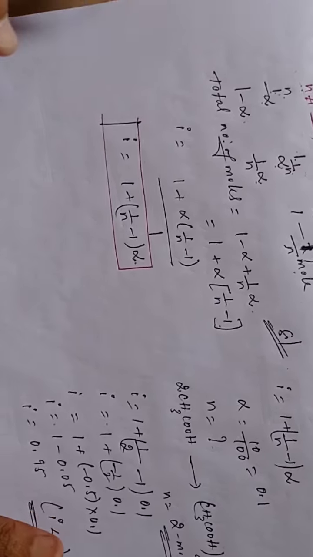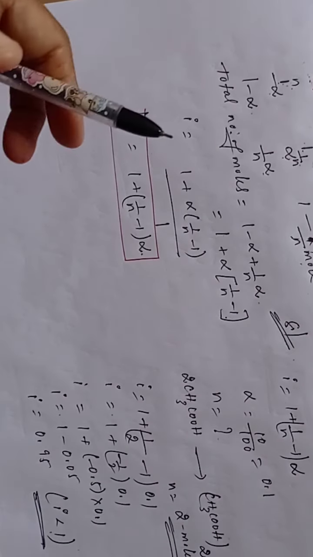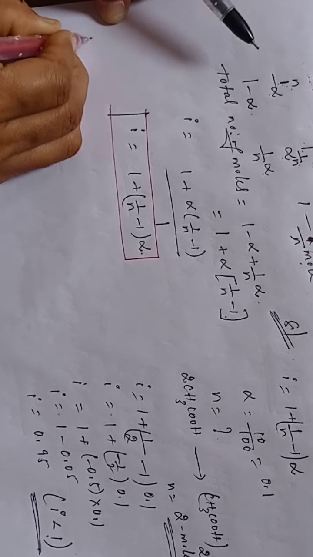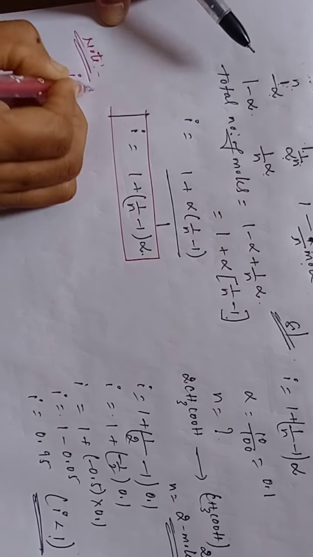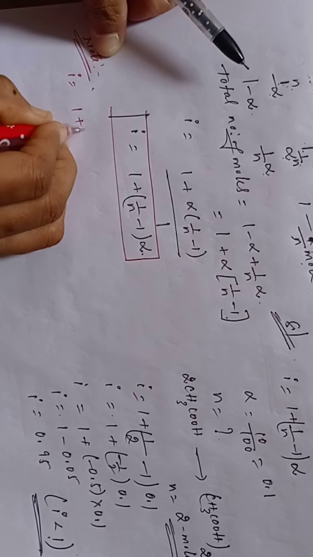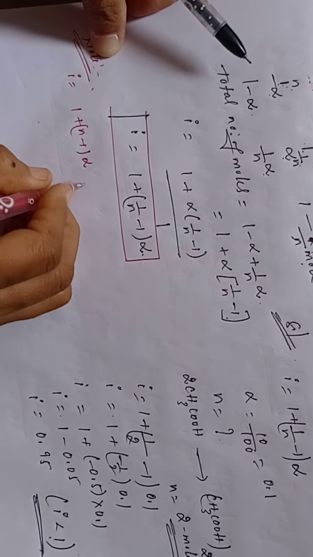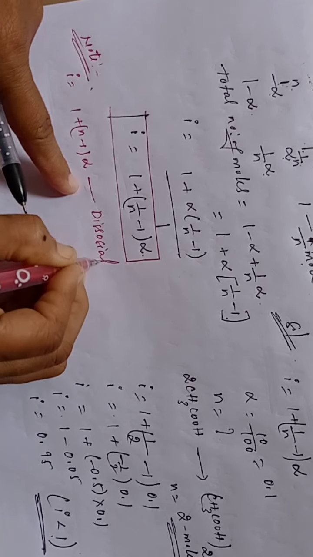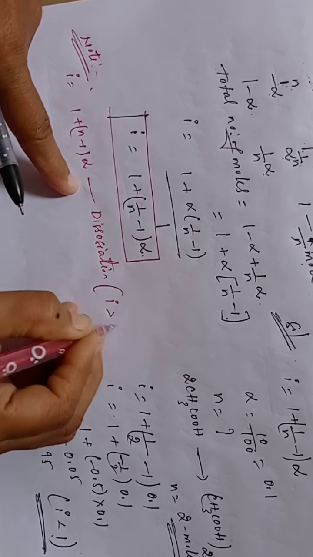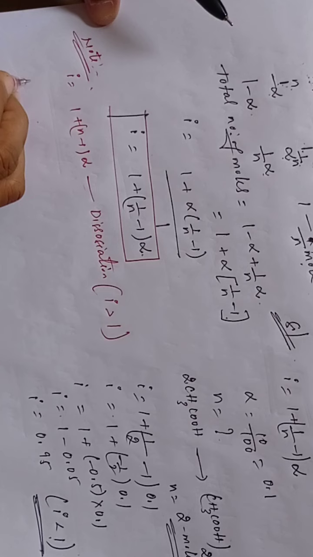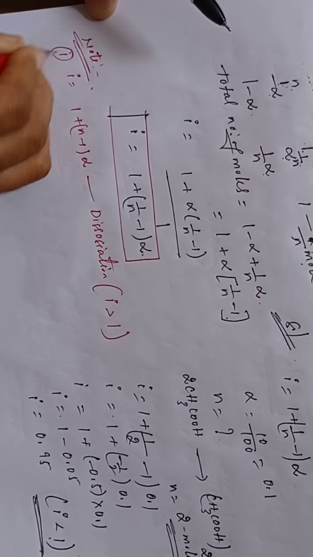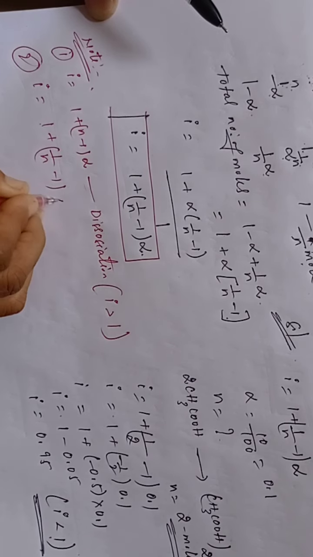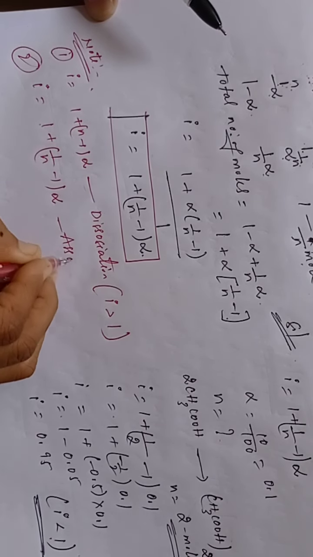Okay now, finally, what formulas did we discuss, students? Note: i is equal to 1 plus (n minus 1) into alpha. We apply this formula in the case of dissociation. In dissociation, the i value is greater than 1. And the second formula is i is equal to 1 plus (1 by n minus 1) into alpha. This is in the case of association.